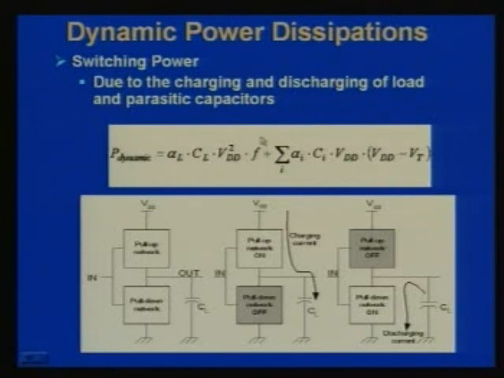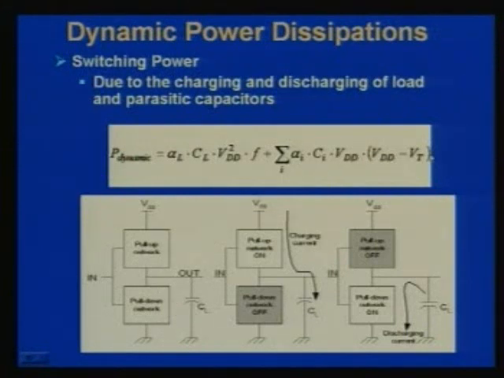So, this is the power dissipation, and actually half of it is dissipated while charging the capacitor and half of it is dissipated while discharging the capacitors. That means half of the energy is stored in this capacitor after charging, and that stored energy is dissipated while discharging when the output becomes 0.